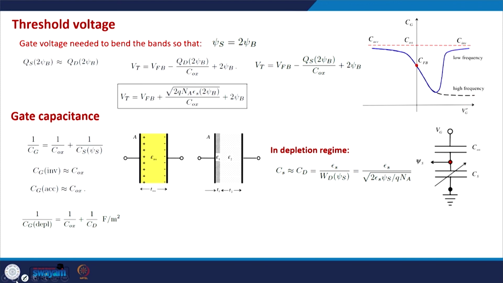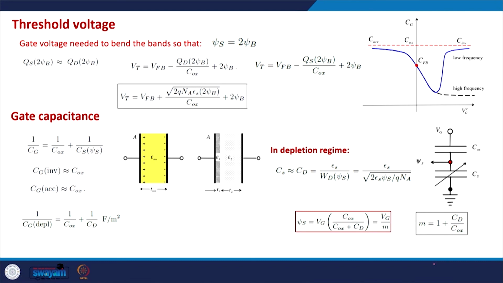So this will be the CV relationship for all frequencies. Now the last point in today's discussion is the relationship between Vg and psi s in terms of various capacitances. We have already seen a relationship between Vg and psi s in terms of charge, but a more intuitive picture is the relationship between psi s and Vg as a function of various capacitances.